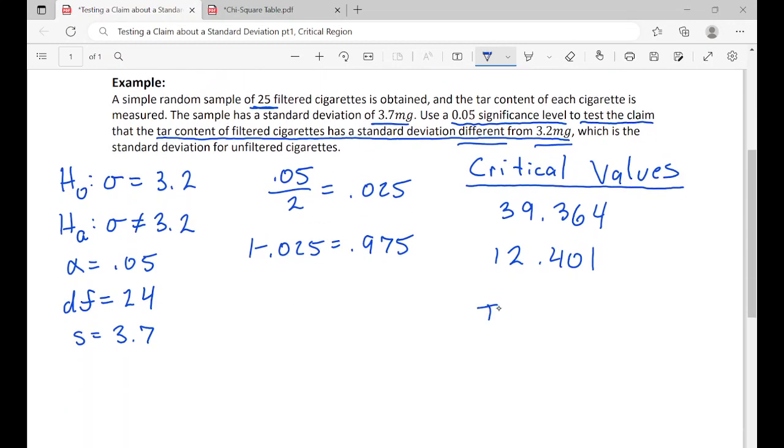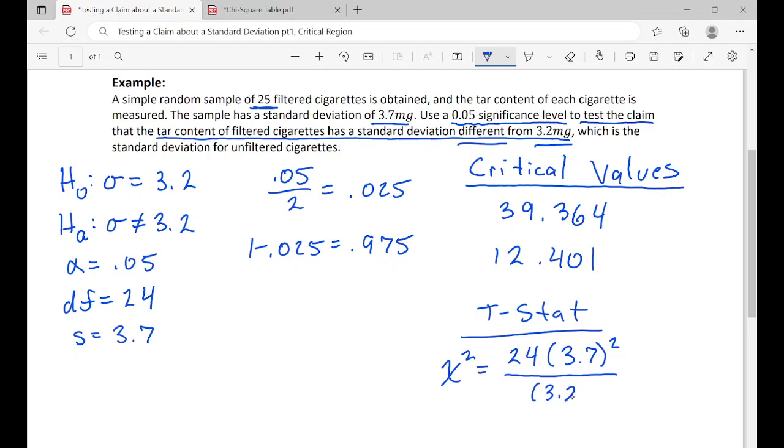So chi squared equals n minus 1, which is 24, times s squared, 3.7 squared, over sigma squared, 3.2 squared. Just do the arithmetic, and we get 32.086 to 3 decimal places.